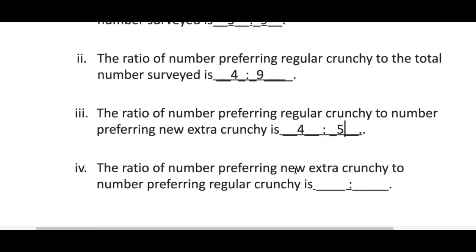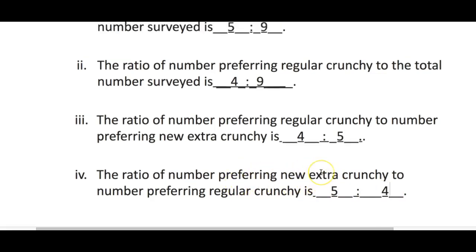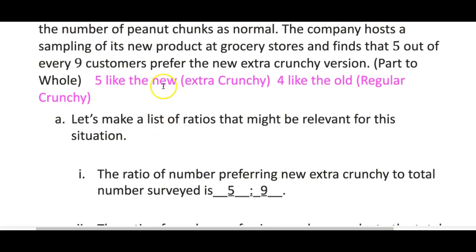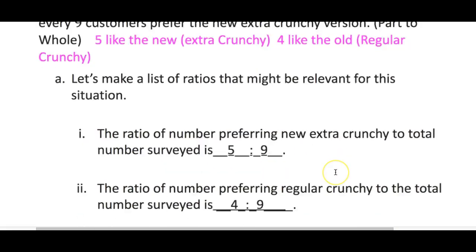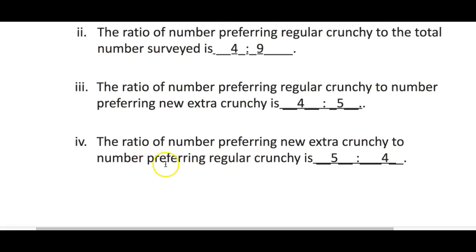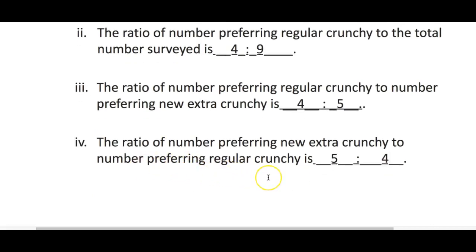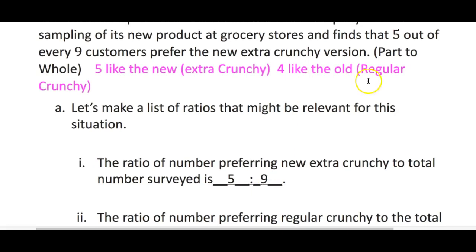All right, the ratio of number preferring new extra crunchy to the number preferring regular crunchy now would be 5 to 4, because the new extra crunchy is right here, to the number preferring regular crunchy, and we figured that over here, regular crunchy.